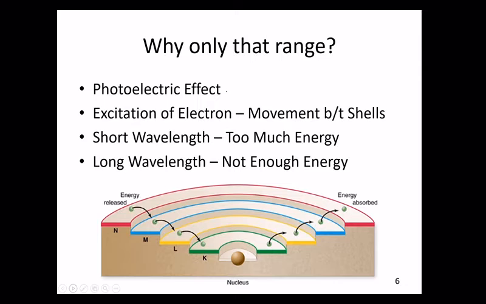In this diagram, we're showing it as steps. Each step is a different electron shell on the outside of the atom. To move electrons from a lower shell to a higher shell takes a certain amount of energy.